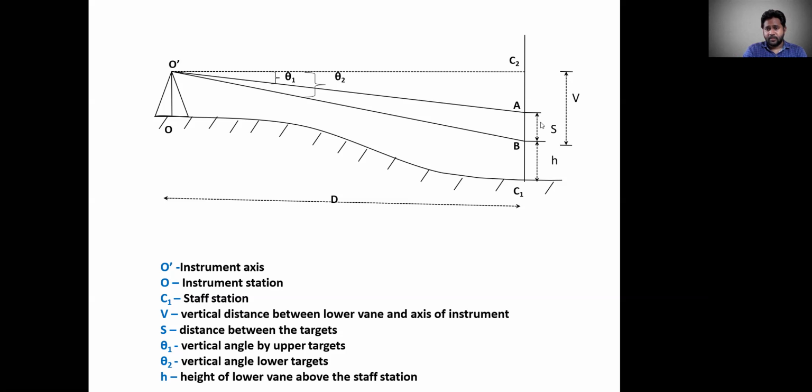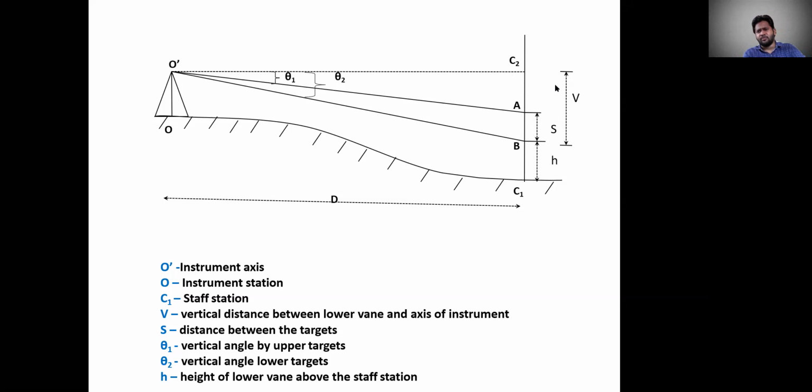See, this is the S value. From A to B it is called small s, and B to C1 is called small h. But from the instrumental axis to this B, we call it V. What is V? The vertical distance between the lower vane and the axis of instrument. This is my axis of instrument and this is the lower vane.